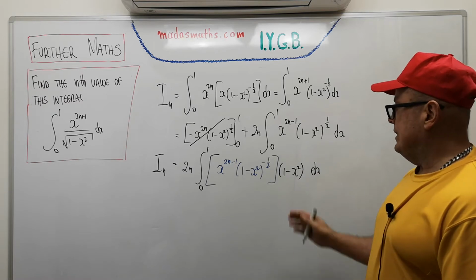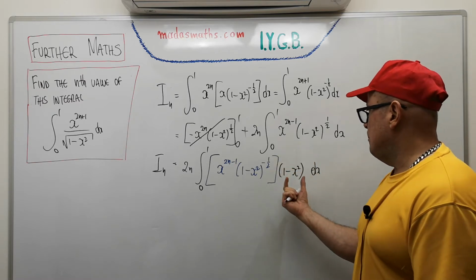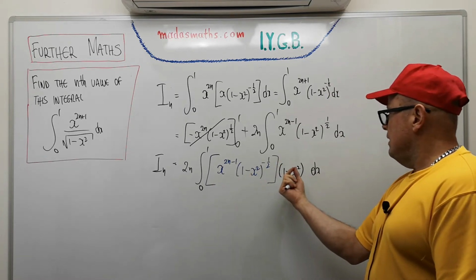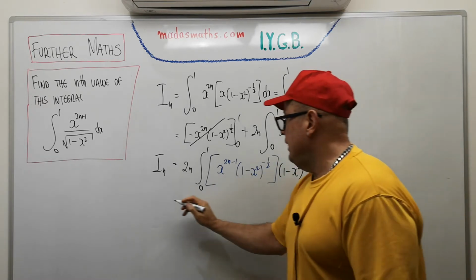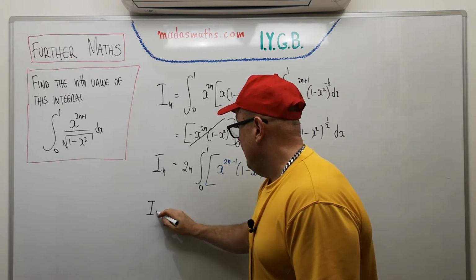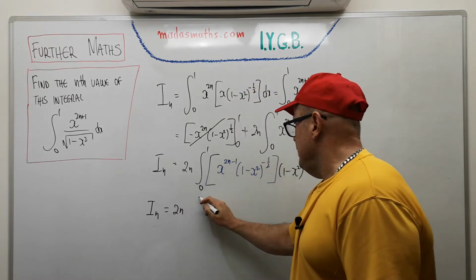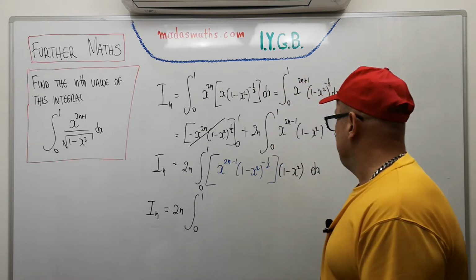I'm not going to bother to write the 1 in there. After that, what I'm going to do is clearly multiply this blue bracket times 1 and this blue bracket times the minus x squared, and let's see what happens. I_n is equal to 2n, integral from 0 to 1.